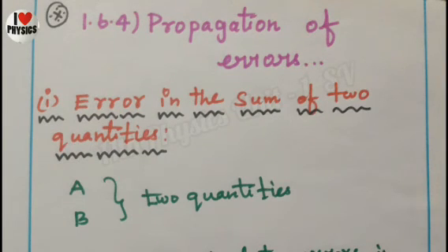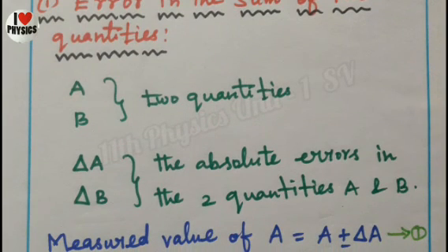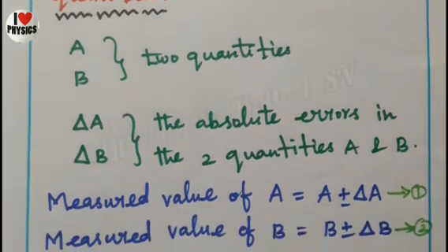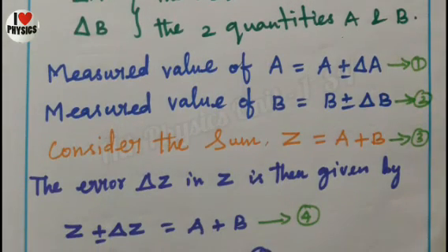Okay, now let's discuss the first one, error in the sum of two quantities. Sum means addition of quantities. A and B are two quantities, and del A, del B are the absolute errors in the two quantities A and B. The measured value of A is A plus or minus del A. This is equation number 1.